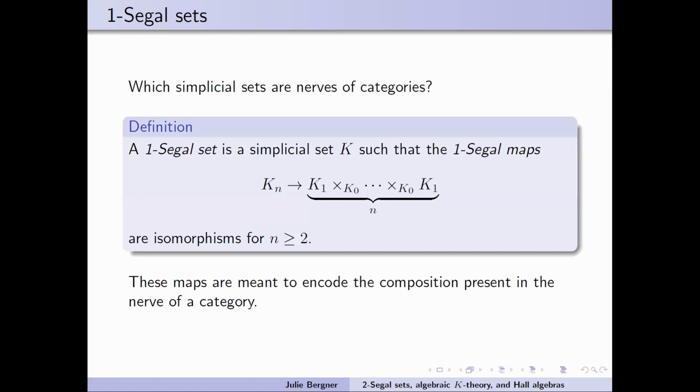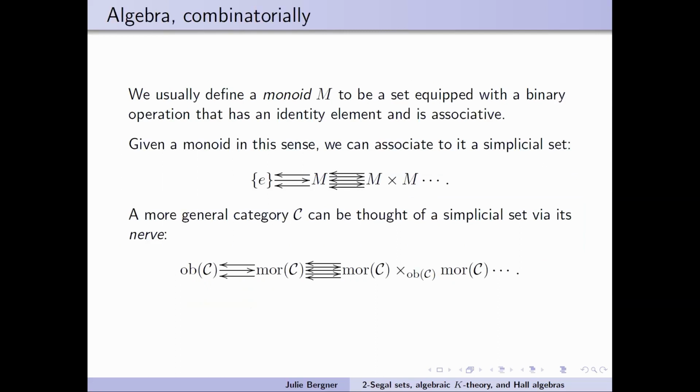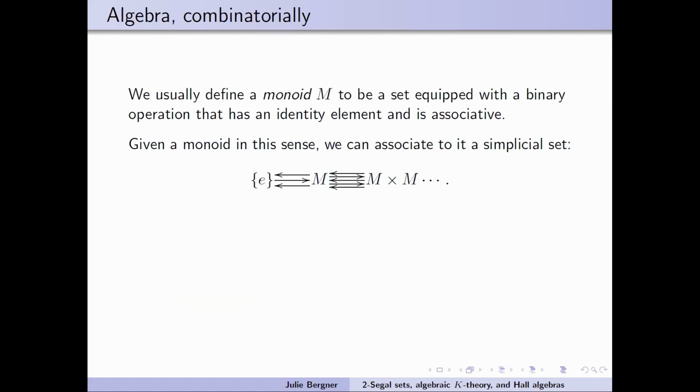So these are going to go from Kn to K1, so an iterated pullback of K1s along K0s. So you should be thinking of this as something like, in the nerve of a category, this is what it looks like in dimension 2, and higher. I mean, the higher simplices in the nerve look like this.